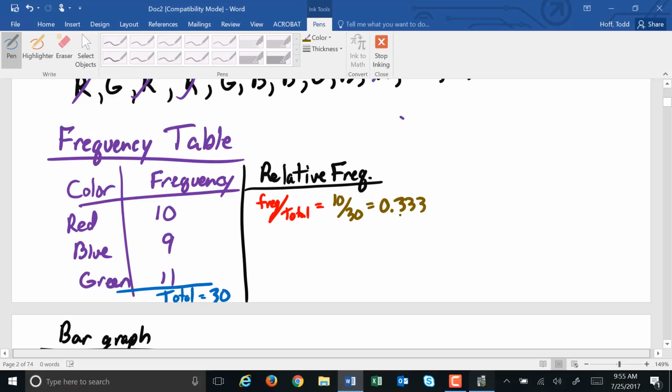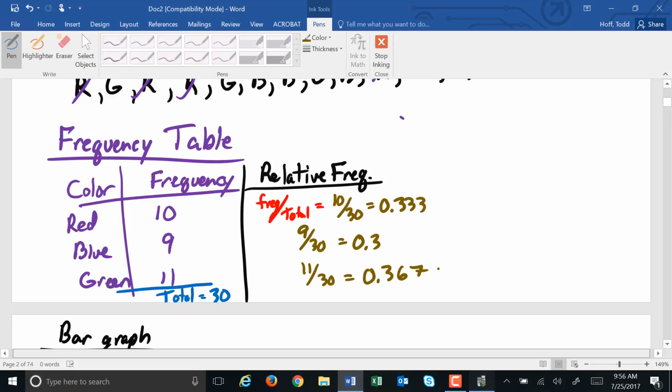I am choosing to round to 3 decimal places here. We could round differently depending on what the data is. Blue is 9 out of 30, or just 0.3. And green is 11 out of 30, which is 0.367.